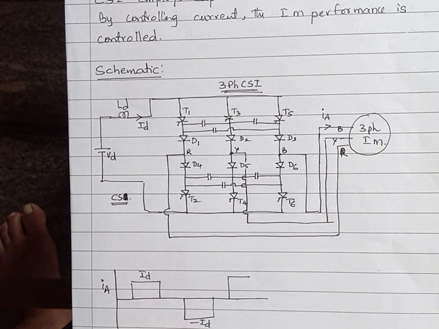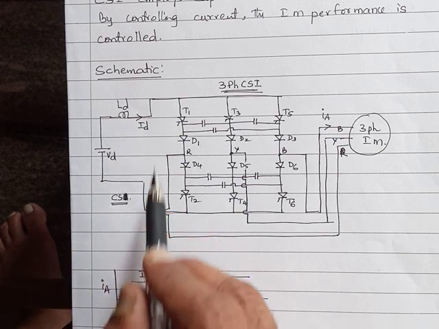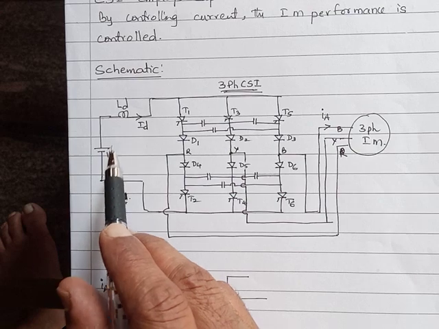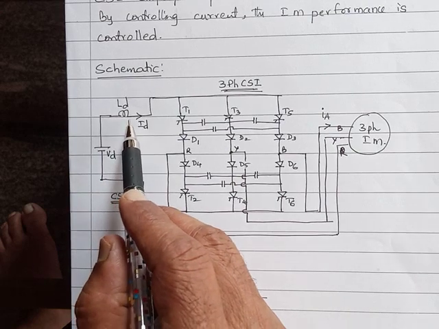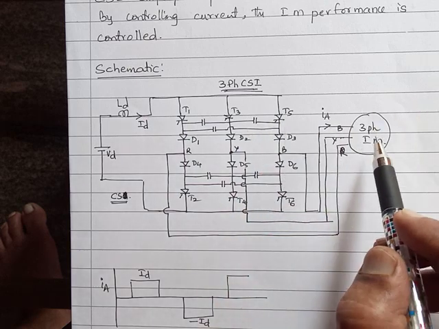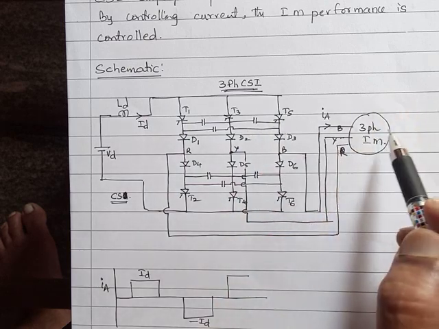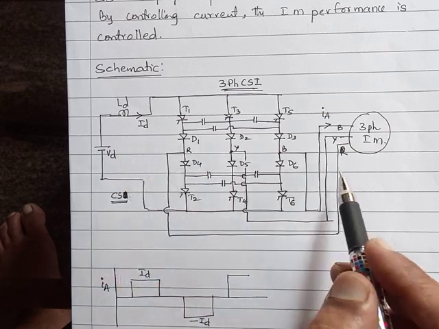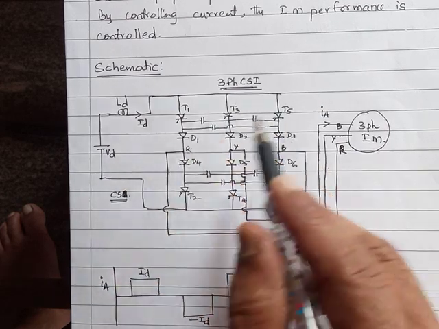Now, the voltage source in series with a very high inductance, the three-phase bridge, and then the three-phase induction motor, DC converted to AC, inversion.